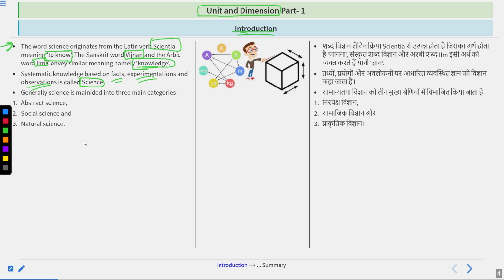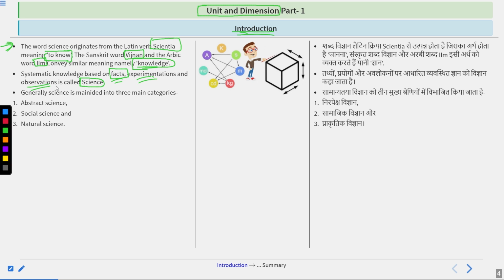Knowledge is the capacity of having things in your mind. But if these things are based on logical facts, experimentations, and valuable observations, then these are called science. Generally, science is divided into three main categories.